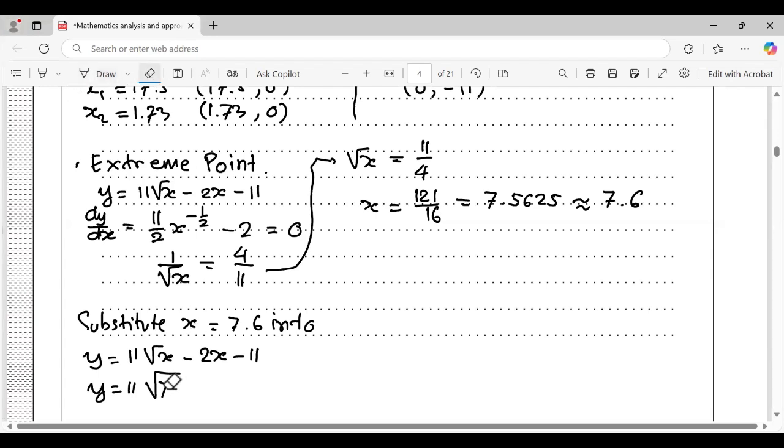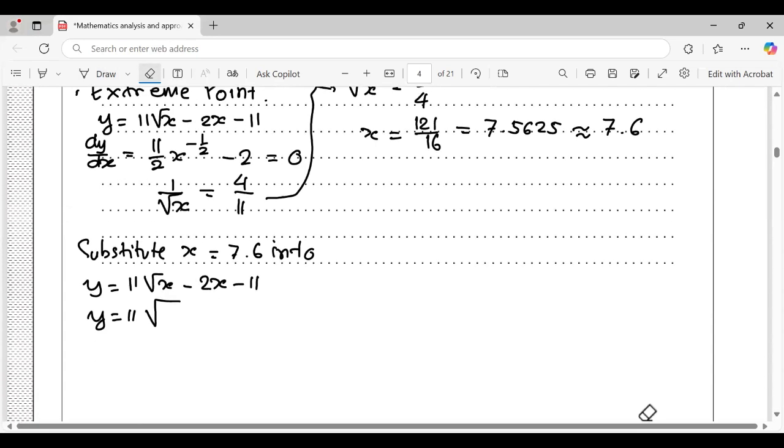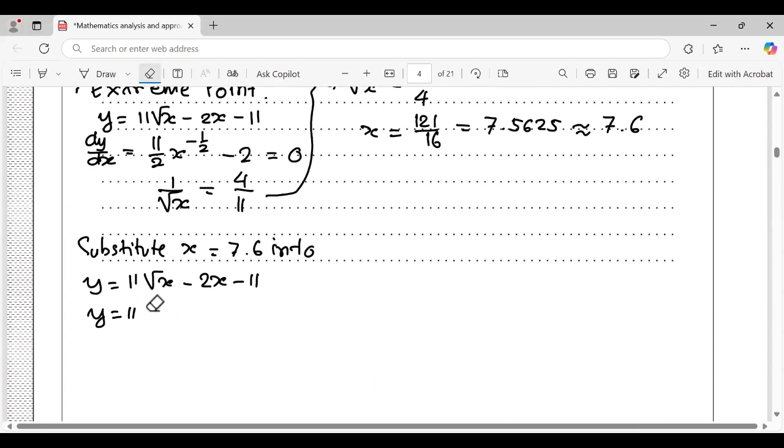I'm going to use square root x is 11 over 4 in this one. So 11 times 11 over 4, minus 2 times x, which is 121 over 16, minus 11.